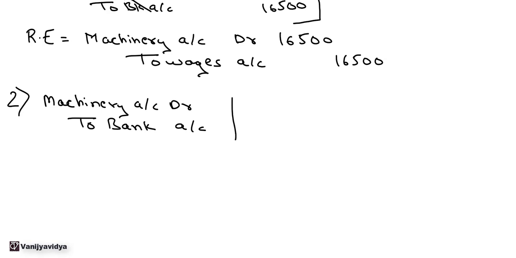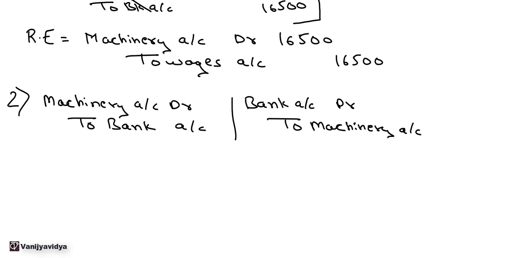Now what will be the reversal of this wrong entry? Bank account debit to machinery account. Now what should have been the actual entry?